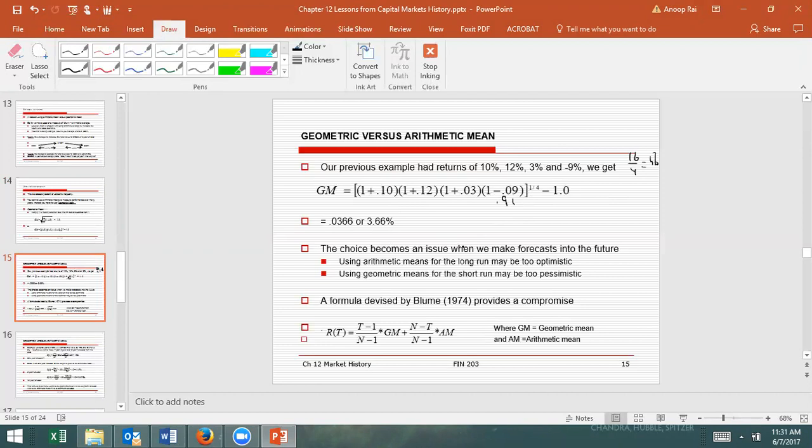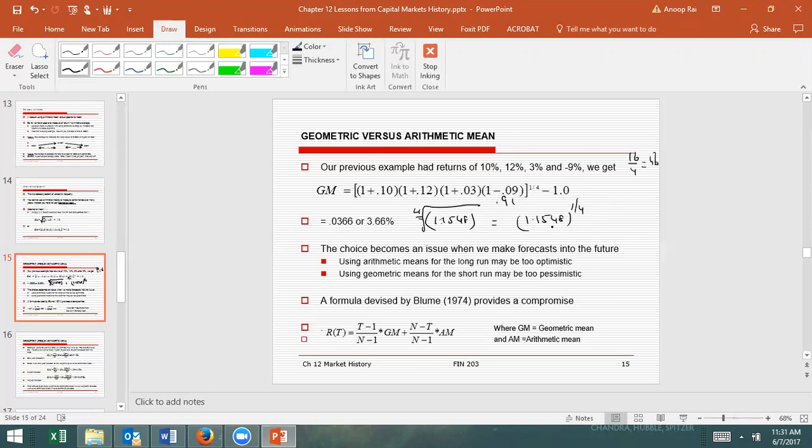That will give me 1.1548. And then I have to take the nth root, which is 4, but I can also write that as the following, same as taking it to the power 1 over 4.